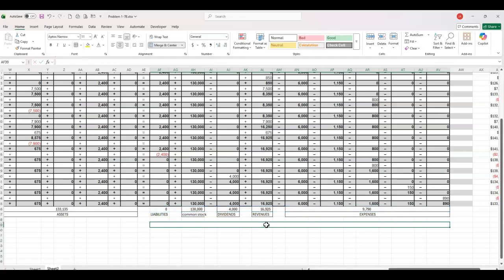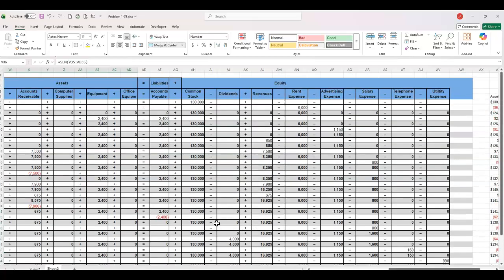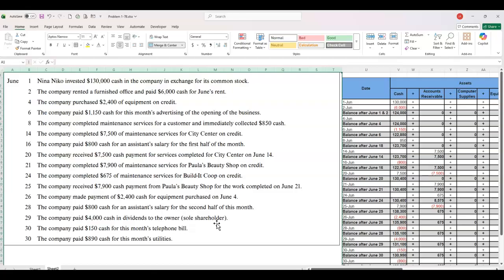We have to do it separately. Liabilities plus common stock minus dividends plus revenues minus all the expenses. $133,135, just exactly what assets are. And that's recording transactions using the method that we've done in Chapter 1.